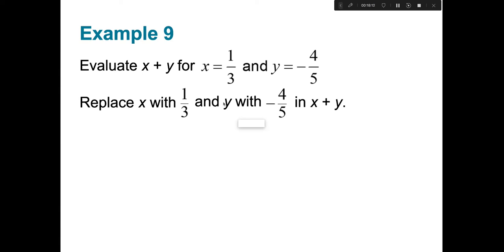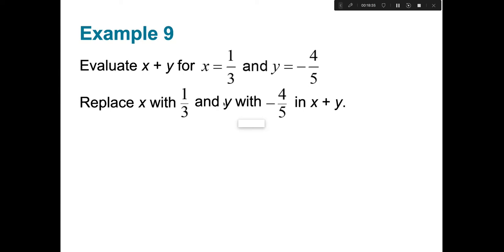Finally, we have problems where it's going to say, what is x plus y? If x equals 1/3 and y is a negative 4/5. Just a second, I need to catch up. That's what that means.